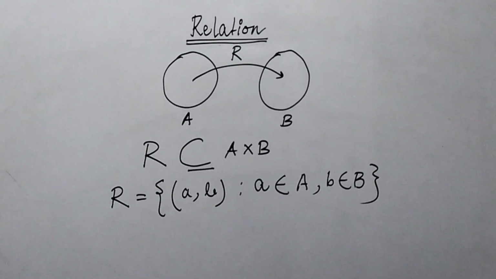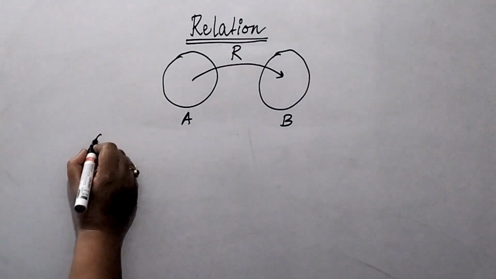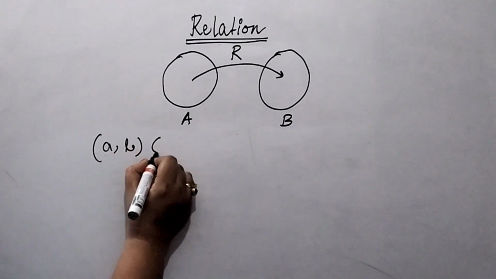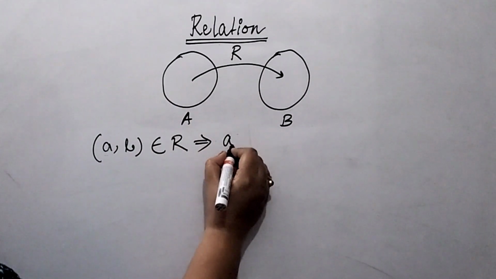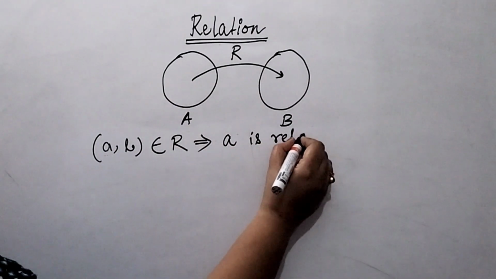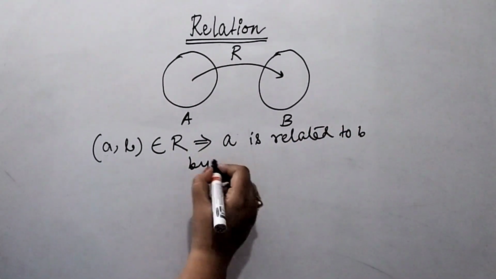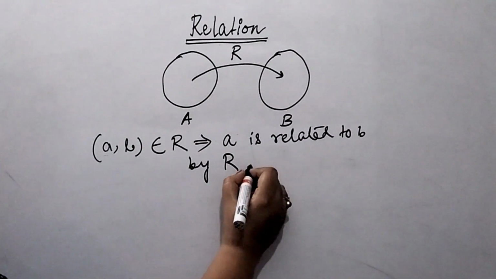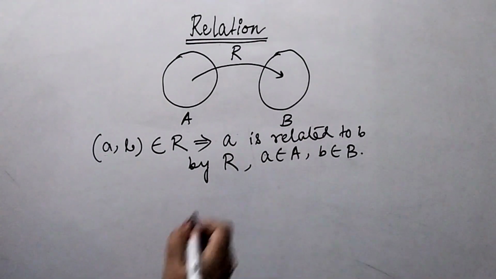So a relation from A to B is nothing but a subset of A cross B, the Cartesian product of the non-empty sets A and B. So here, if we say the ordered pair (a, b) belongs to R, then it actually means that a is related to b by the definition of R, where a belongs to the set A and b belongs to the set B, right?